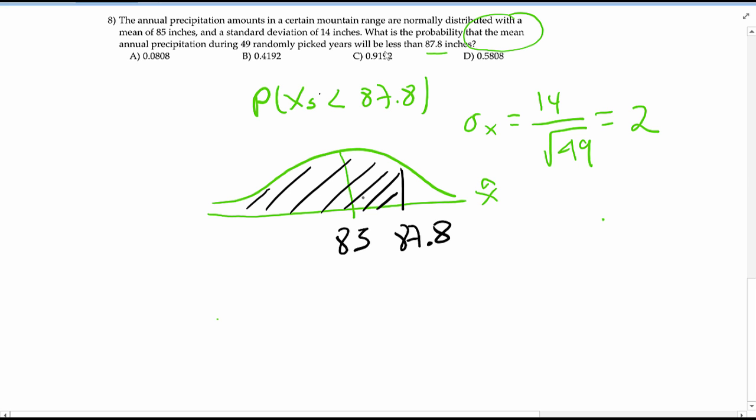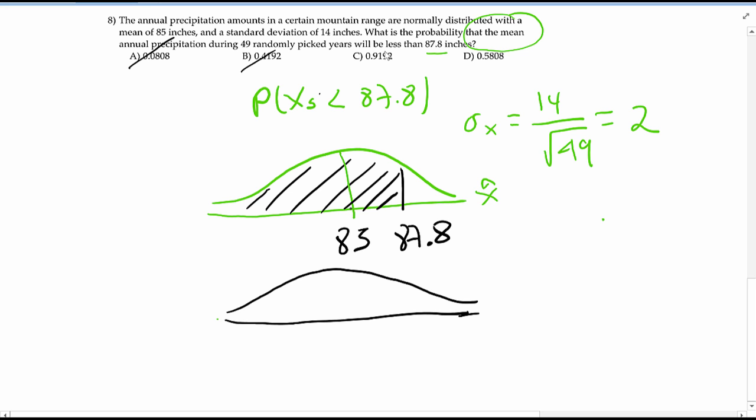So our answer is going to be, this cannot be the answer. This cannot be the answer. And the only answer is going to have to be more than 50%. So it's either C or D, okay? So that's a mistake, putting the 87.8 as a lower number than 85. That would be a mistake. So I am glad that I caught the mistake sooner than later.